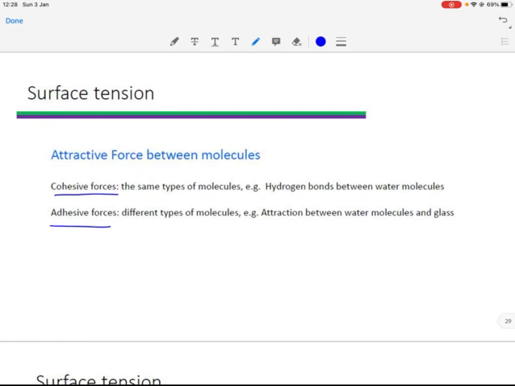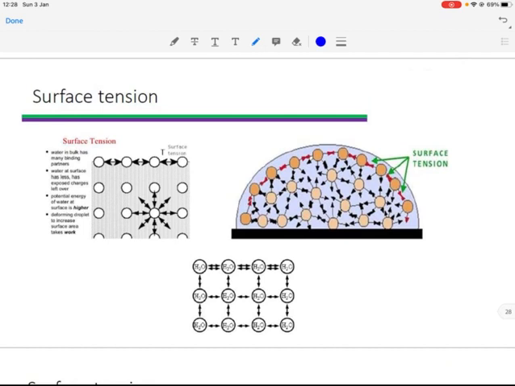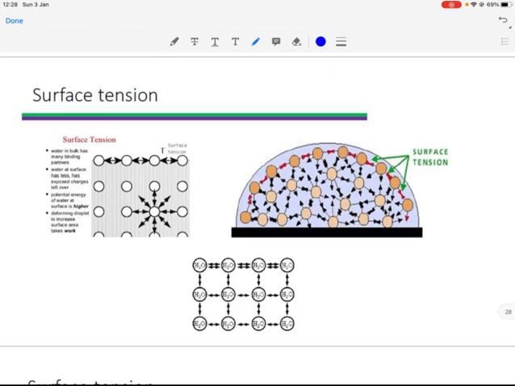Cohesive force is an attractive force between the same type of molecules, like water molecules on the surface of the water. And this cohesive force is the source of surface tension, the force that packs the molecules of water on the surface.